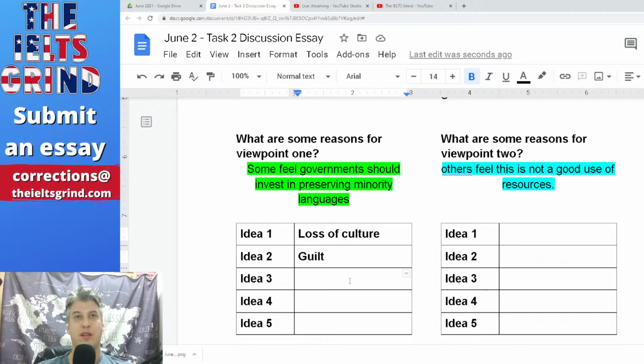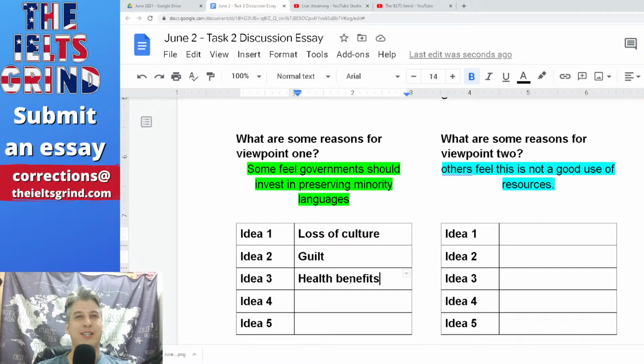So if some feel that governments should invest in preserving minority languages, this could be an interesting one. We could talk maybe about health benefits. So why would I talk about health benefits here?